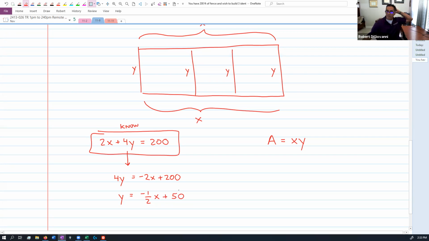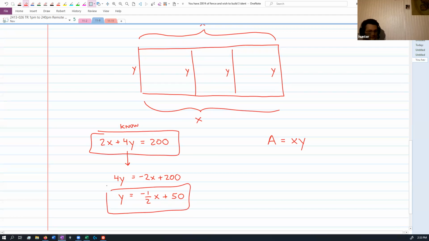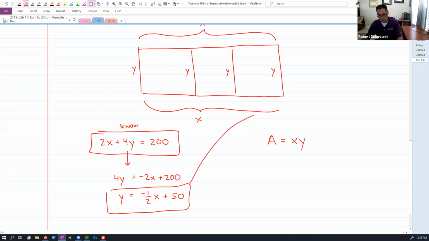Are y'all with me? This is what y has to be, right? So now take that y and plug it in here, and you have a new formula for area. Your area will be x times negative 1/2 x plus 50, right?